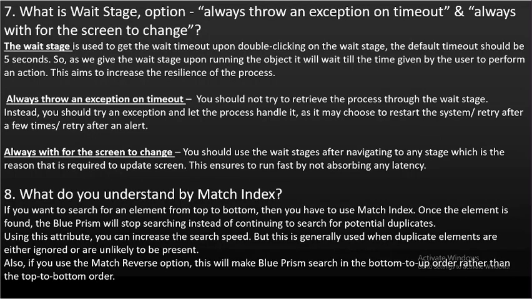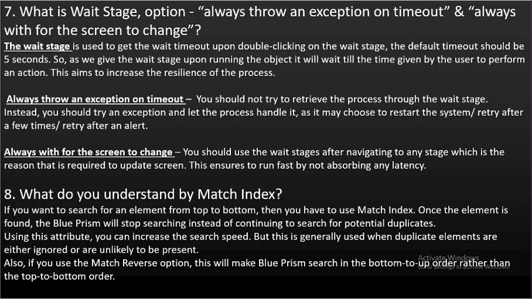What is the Wait stage, and also the options 'always throw an exception on timeout' and 'always wait for screen to change'? These are also very important questions that a Blue Prism interviewer may ask you. The Wait stage is used to set the wait timeout, which you open by double clicking on the Wait stage. The default timeout is 5 seconds.